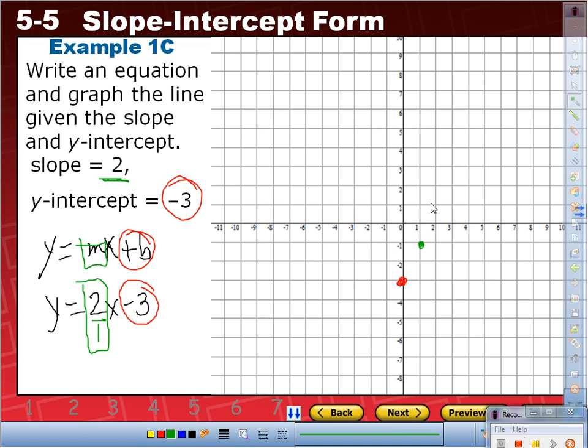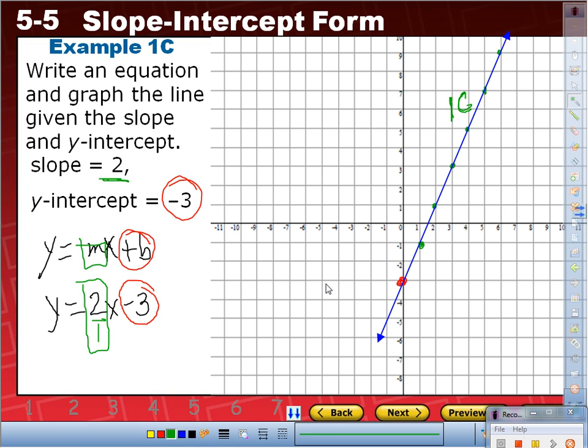Let me do it again, repeating from each point. And my graph should look like that. And we label that 1C.